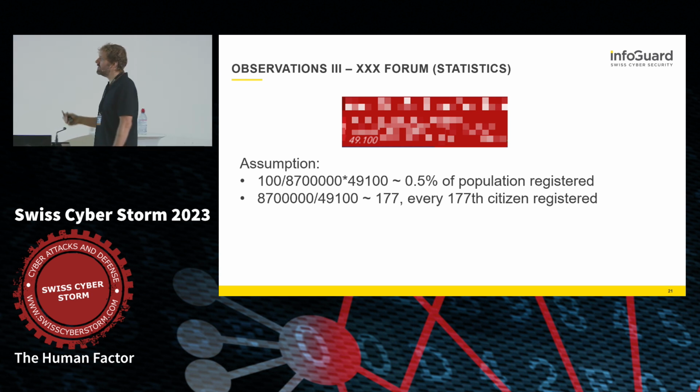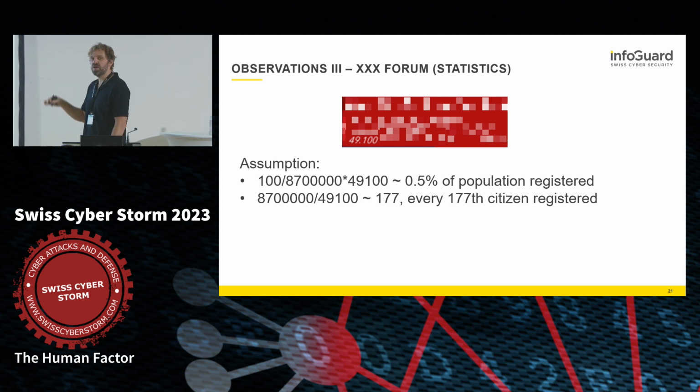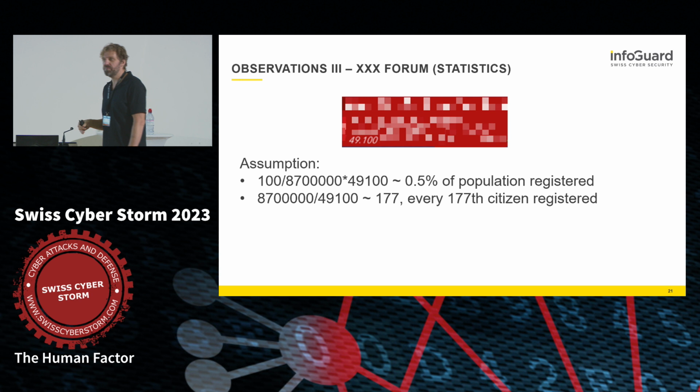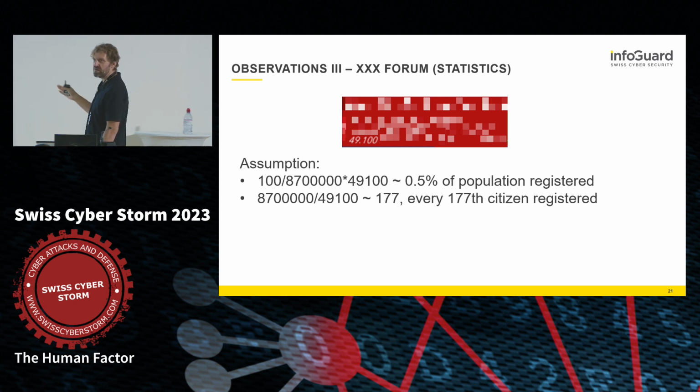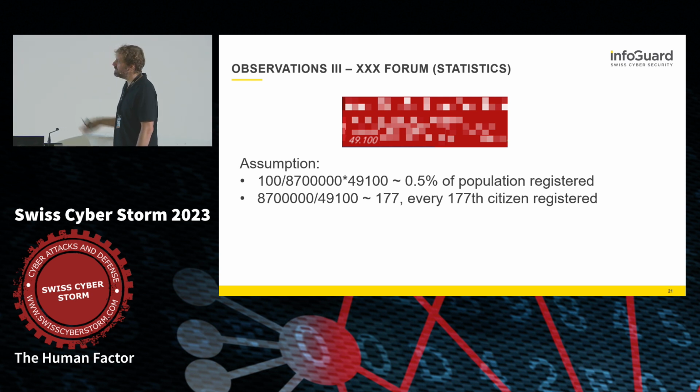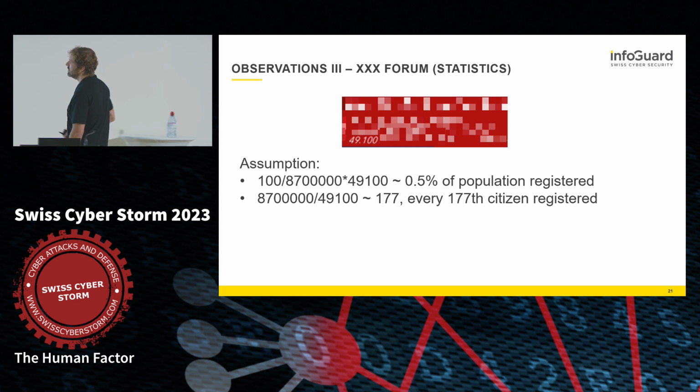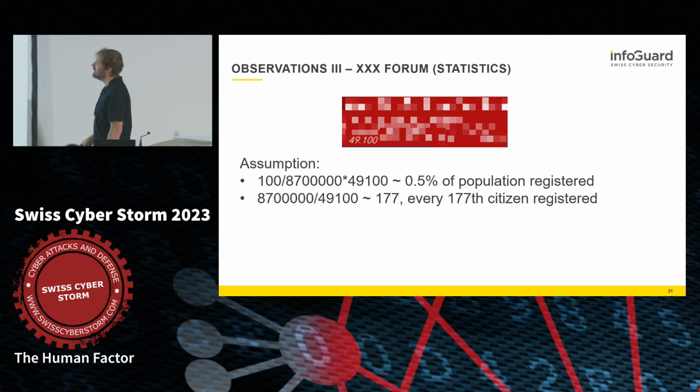So they have about 49,000 members. My assumption now was, okay, the Swiss population is about 8.7 million people. So if you calculate this down, 49,000 is about 0.5% of the whole population of Switzerland, right? And you can also say it like this.